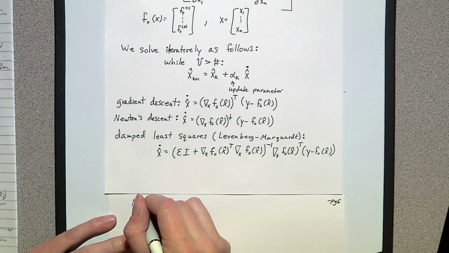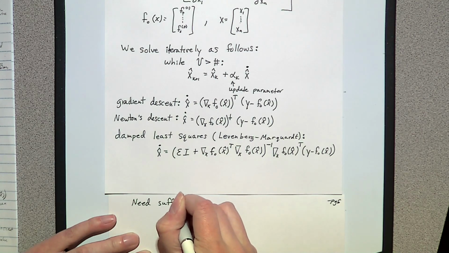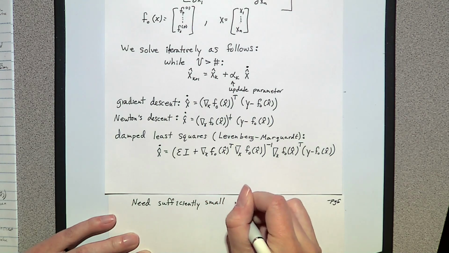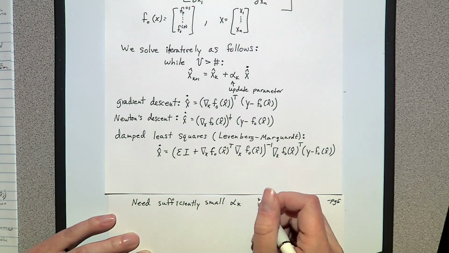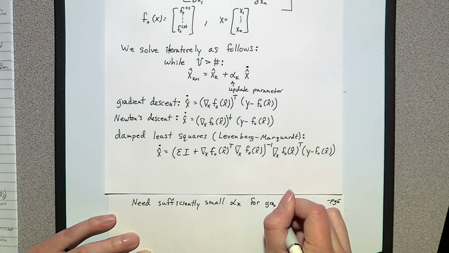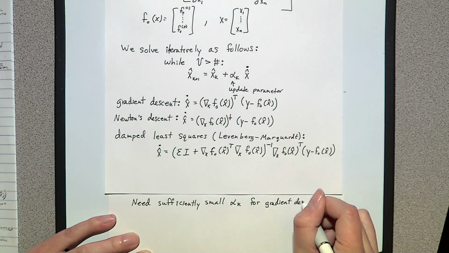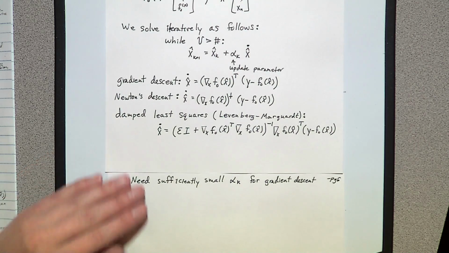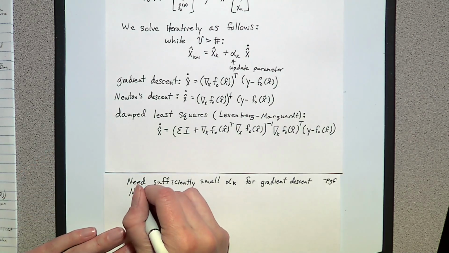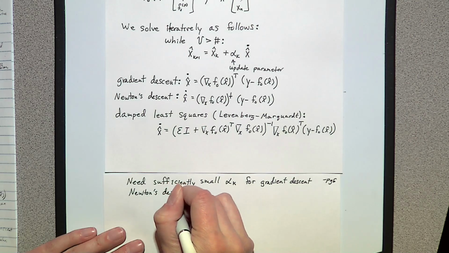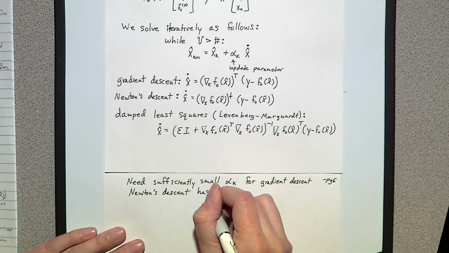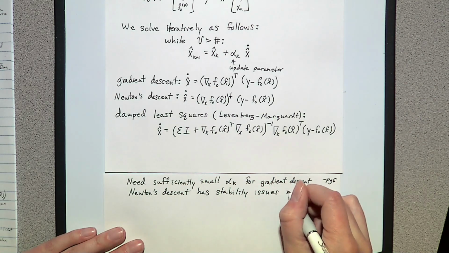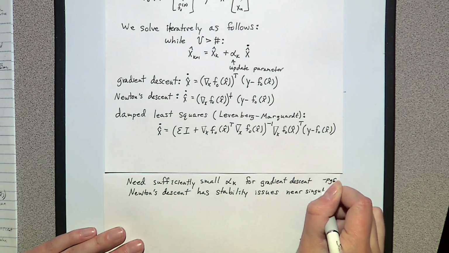Some things to note is that you need a sufficiently small alpha k for the gradient descent. Newton's descent has stability issues near singularity.